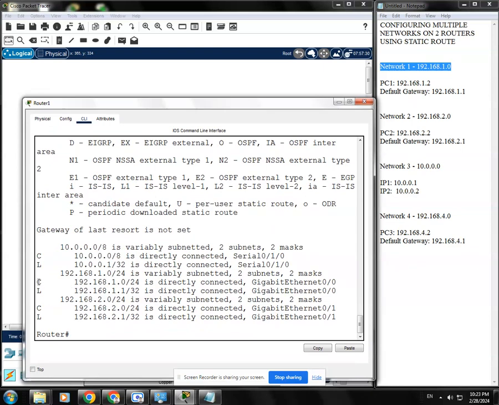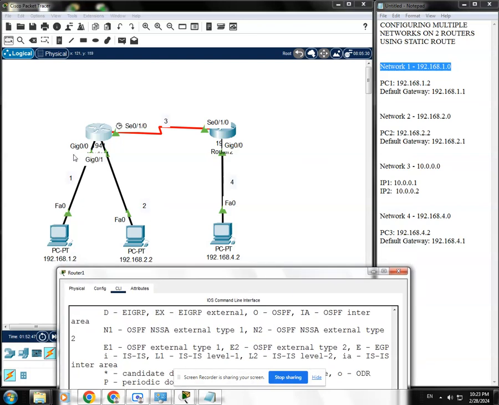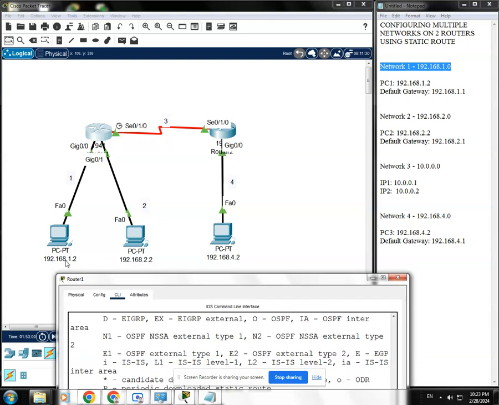The first one is connected, meaning C stands for connected. It can see 192.168.1.0/24, and it's connected to gigabit Ethernet 0/0, which is this gigabit 0/0. The network 192.168.1.0 is on this line. That is why it can see this host.